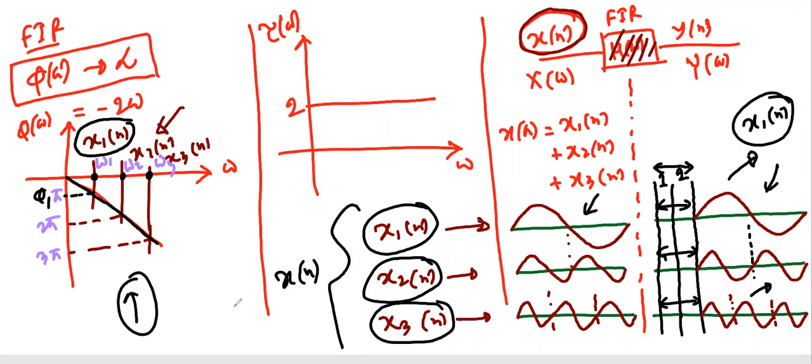Whenever you want to retrieve your original signal back, how many samples do you need to wait in the output? Whenever you are getting your output y[n], you don't need to care about the first 2 samples, the 0th sample and the first sample. You need to start with the second sample.